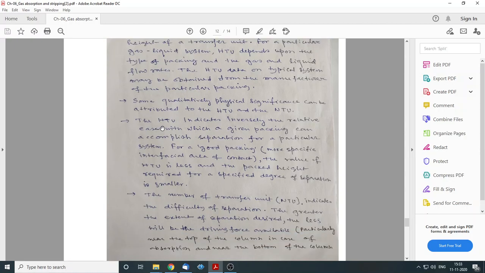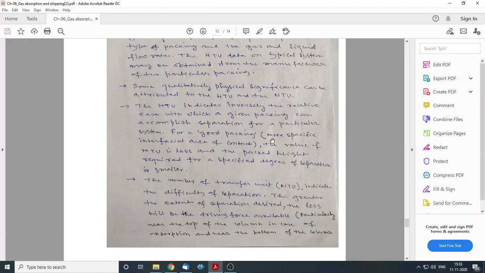HTU indicates, inversely, the relative ease with which a given packing can accomplish separation for a particular system.